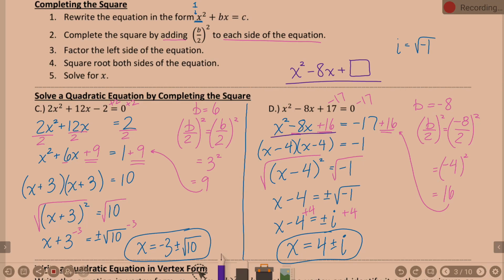I can't remember if it's this homework or a different homework, but it's an easy question. If they gave x squared minus 8x plus blank, fill in the blank, complete the square.